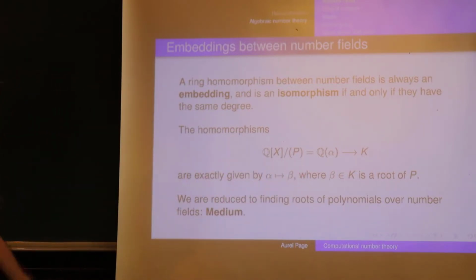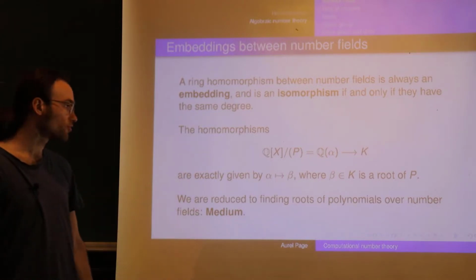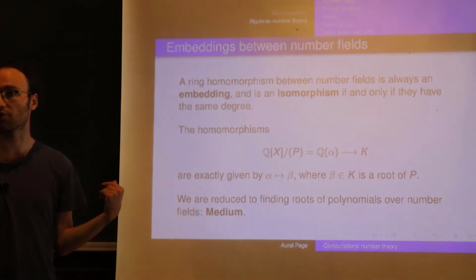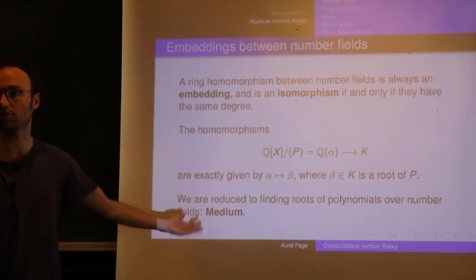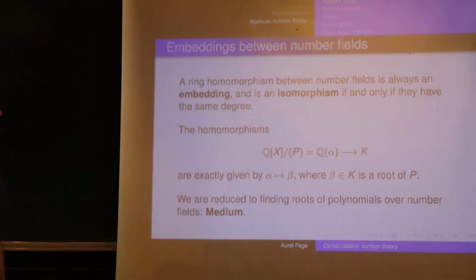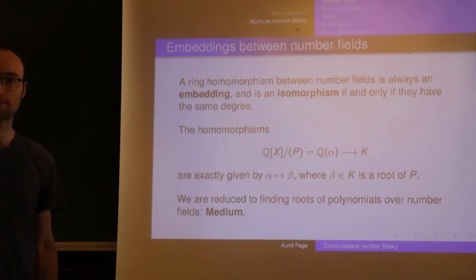And in particular, we are simply reduced to the problem of finding roots of polynomials over number fields. And as we said, this is something we can do in polynomial time. So this is a medium speed algorithm. So that gives you embeddings and in particular isomorphisms between number fields.